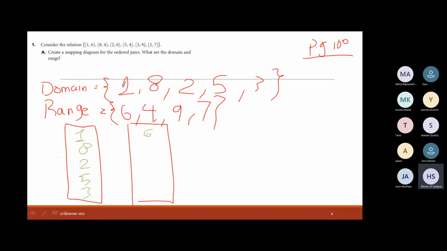Now go back here. 1 with 6. Bravo. 8 with 4. Bravo. That's it. Now, did you know how to draw the mapping diagram?